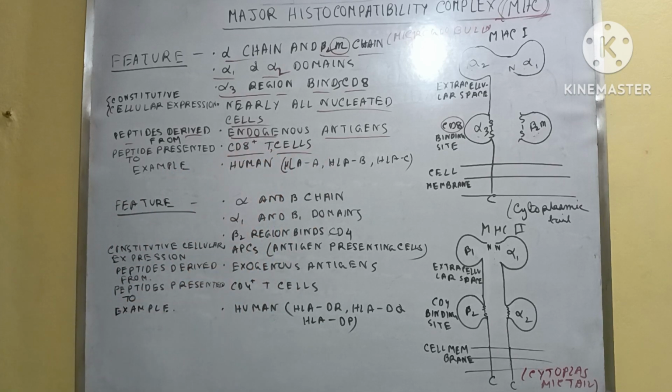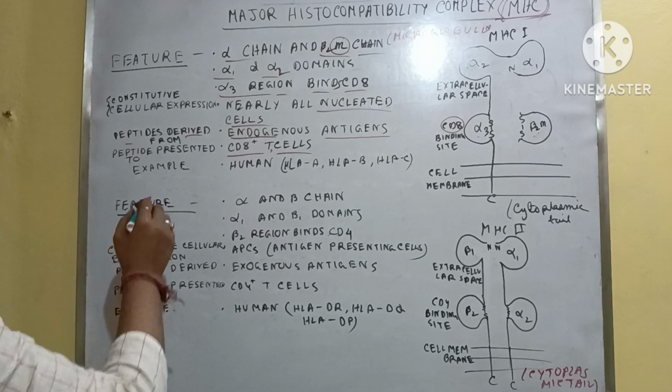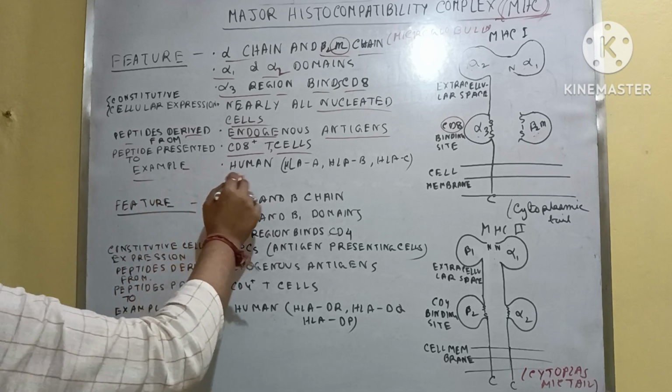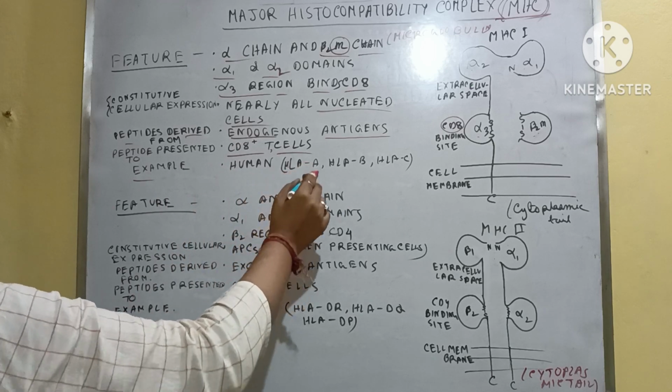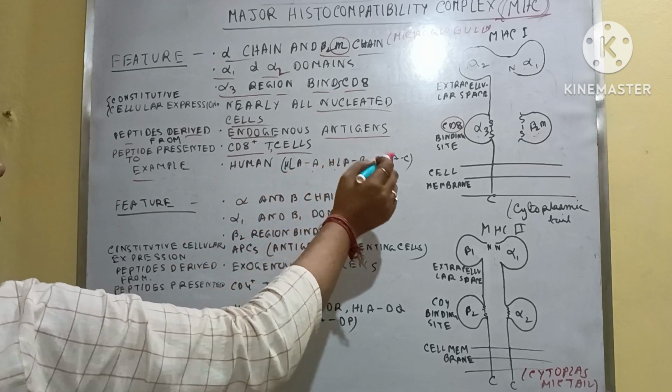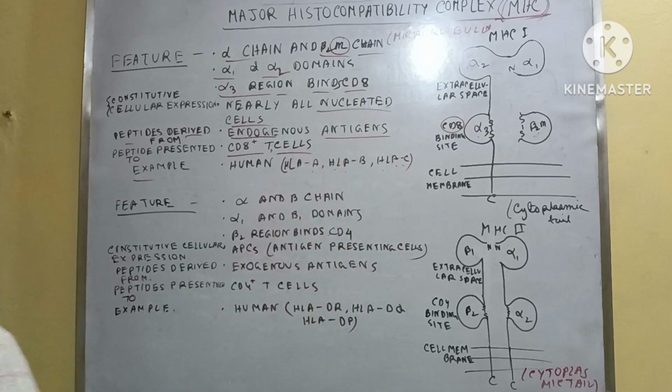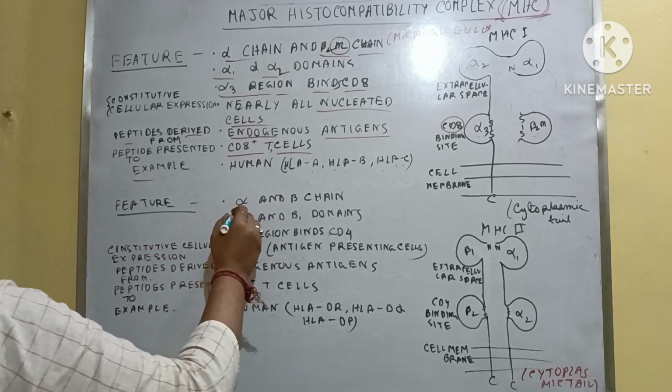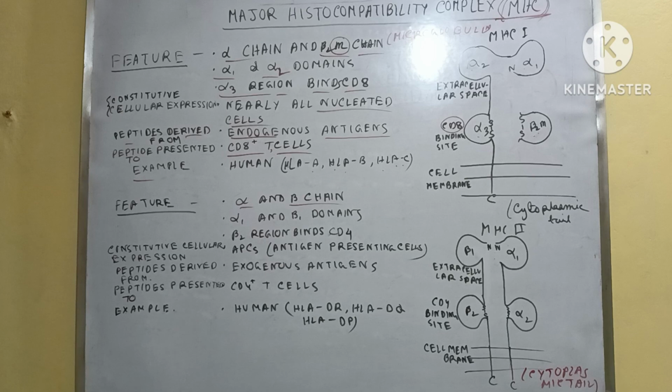Examples in human are HLA-A, HLA-B, HLA-C.